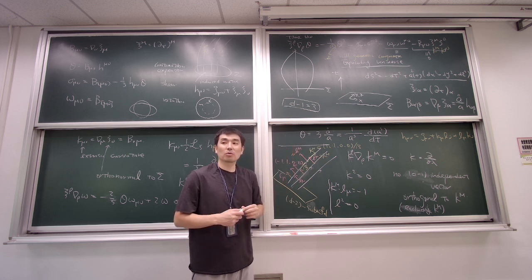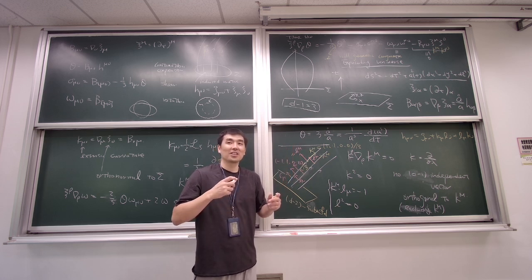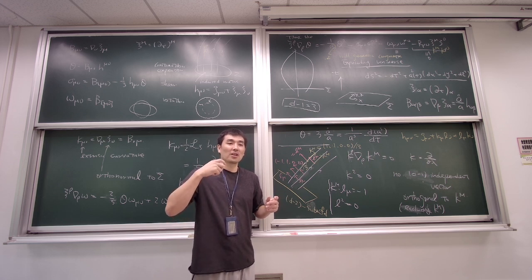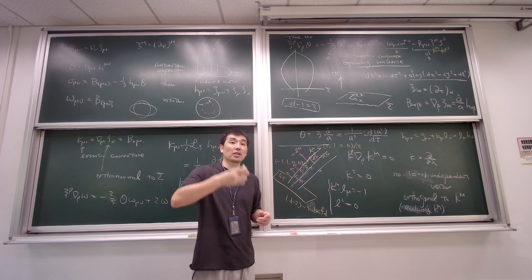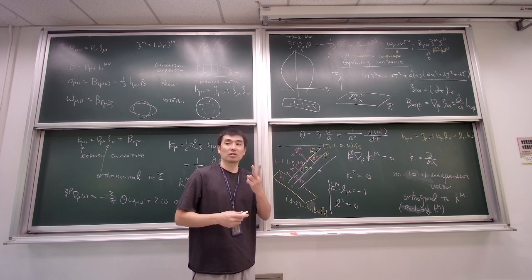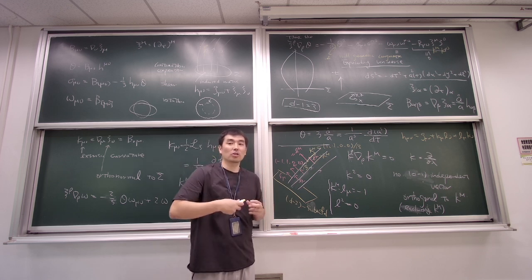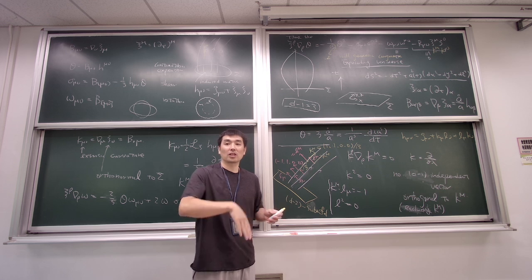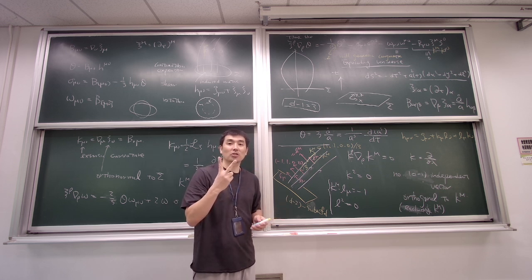This is very similar to what you learned in electrodynamics. In the polarization of electromagnetism, there are only 2, right? The orthogonal polarization of the electromagnetic field is only 2 polarizations.